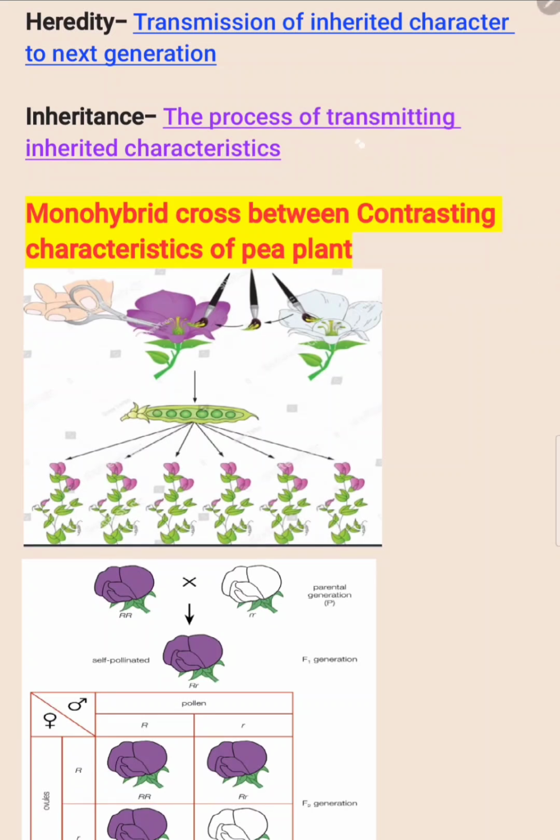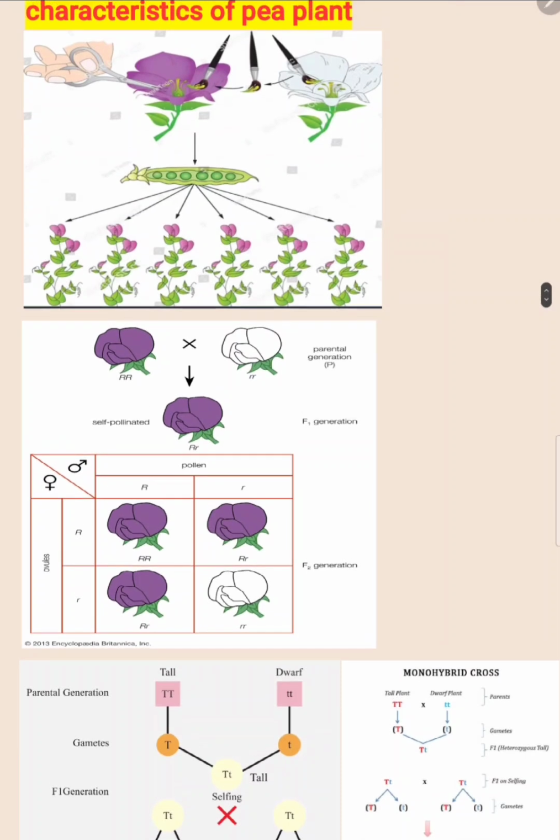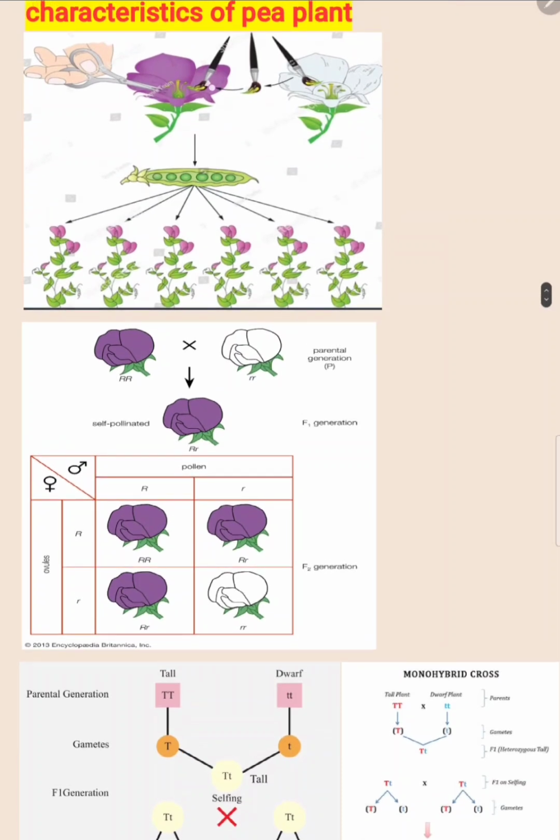Let's see how characteristics are inherited from generation to generation by doing a monohybrid cross between contrasting characteristics of the pea plant. First, I have chosen the color of the petal. As you can see in the figure, the first flower has purple petals and the second flower has white petals.